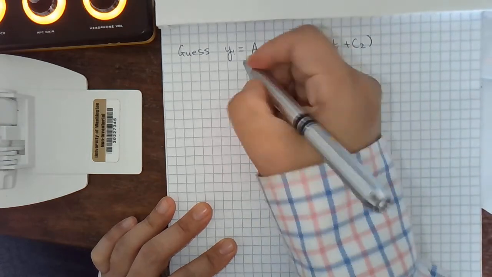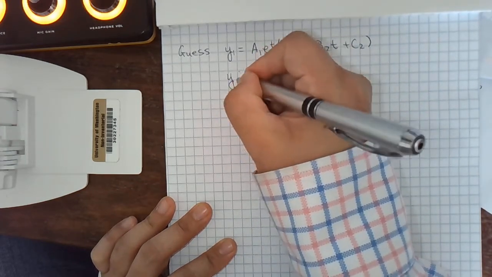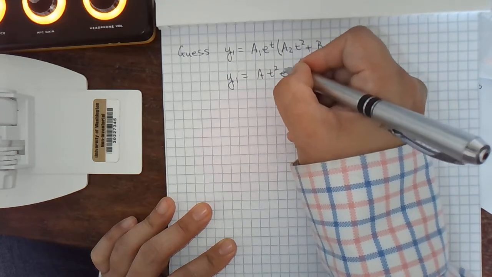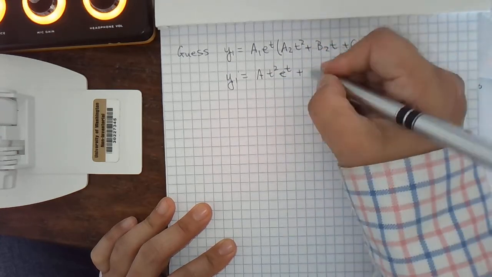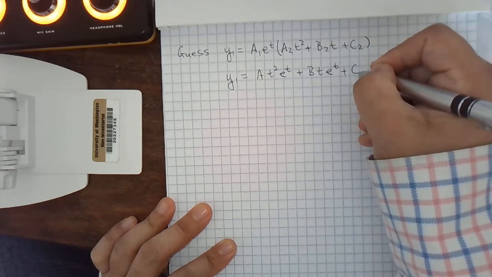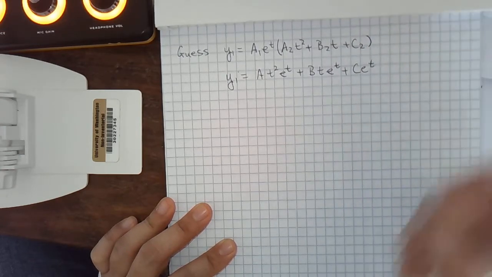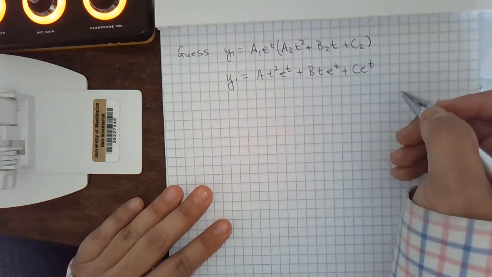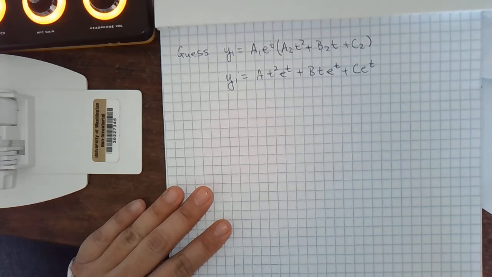And what happens when you expand it out? You actually only get 3 coefficients. So y1 equals a t squared e to the t plus b t e to the t plus c e to the t. Maybe I will do this and you can race me. Or pause it if you don't want to try to do it fast.